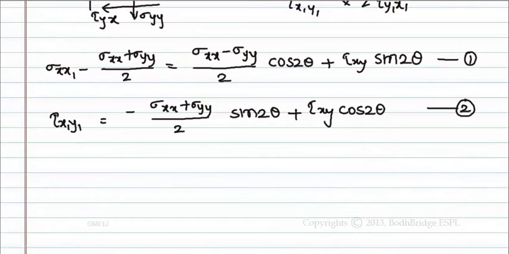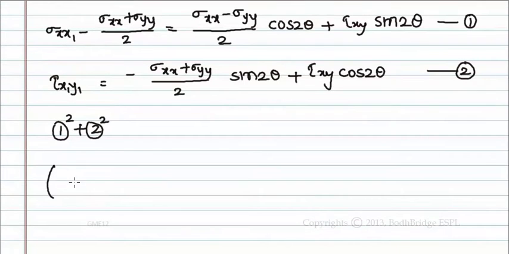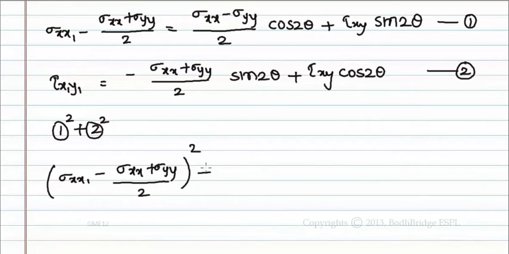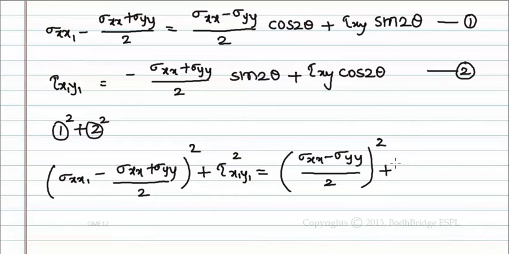Now to eliminate theta in the above equations, let us square the above two equations and add, that is 1 squared plus 2 squared. Then we will get (sigma x1 minus (sigma xx plus sigma yy)/2) whole square plus tau x1y1 whole square is equal to ((sigma xx minus sigma yy)/2) whole square plus tau xy square.